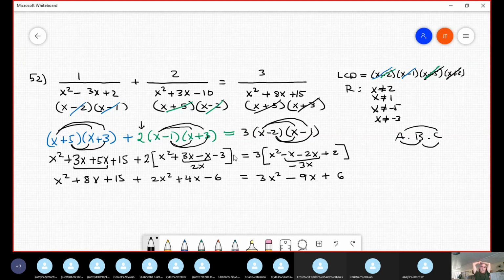The hard part, I suppose, is done. Because the rest is baby algebra. What should I do now? Combine like terms. Absolutely, combine like terms. On the left-hand side, we have this and this together, get 3.